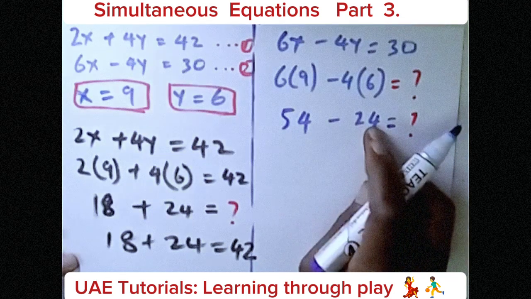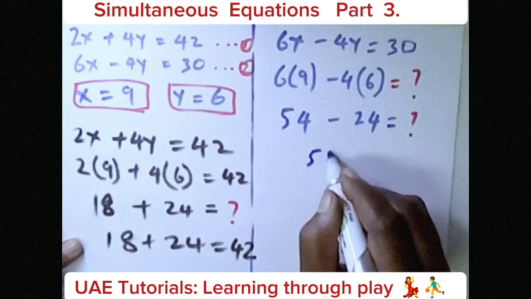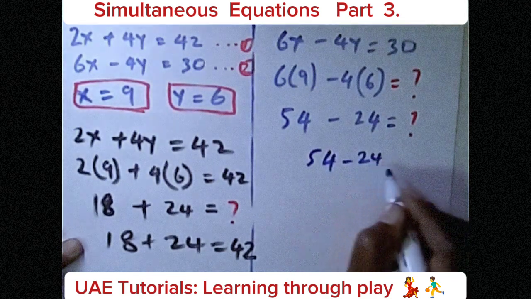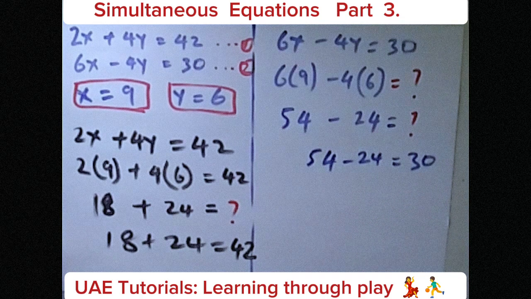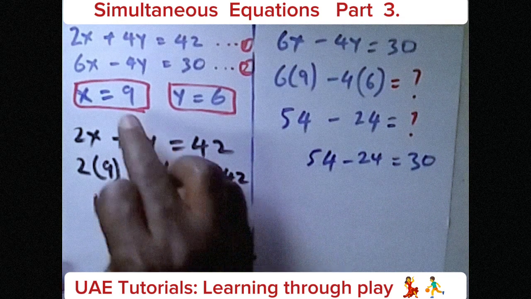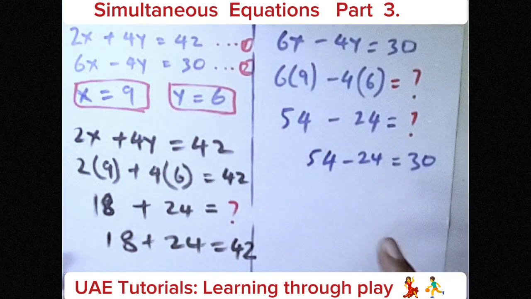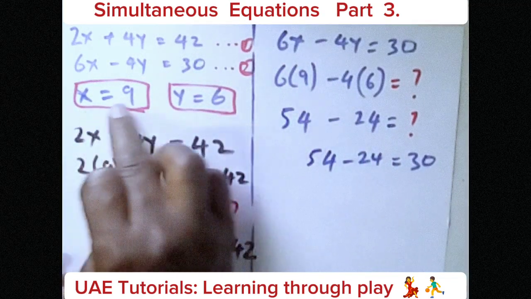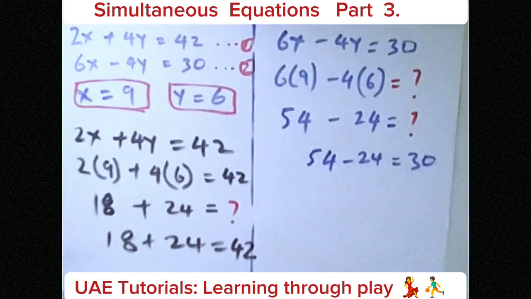And when you subtract 24 from 54, that will give you just 30. Hooray! So these two values that we got satisfy the two original equations. So x equals 9, y equals 6 satisfy the two original equations, making them perfect answers for that simultaneous equation.